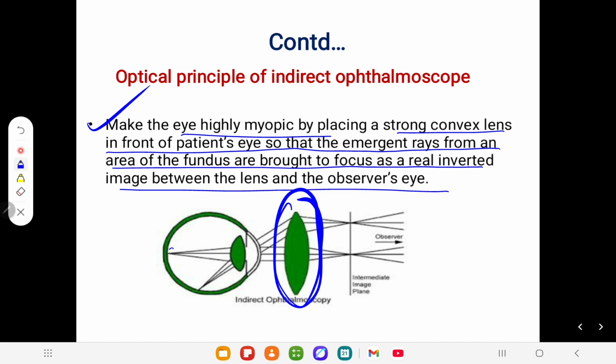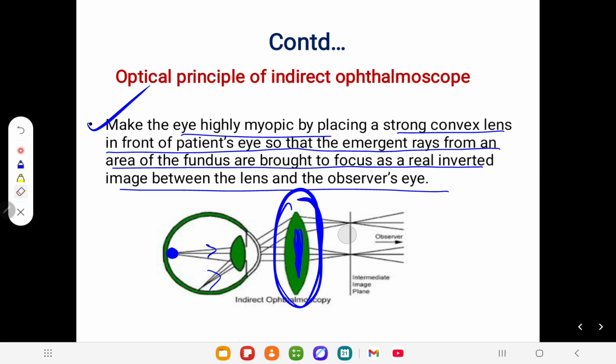See, this is the retina, and as we have discussed, the light exiting from the retina in that direction will go parallel if it is emmetropic, will diverge if it is hyperopic, or will converge if it is myopic. Whatever light it is, when it comes to this condensing lens, its focus will be here, isn't it? What is this plane?